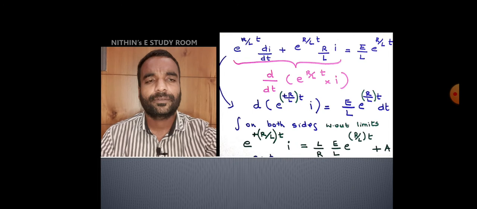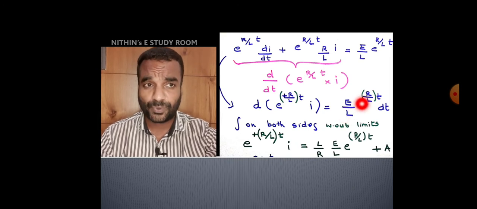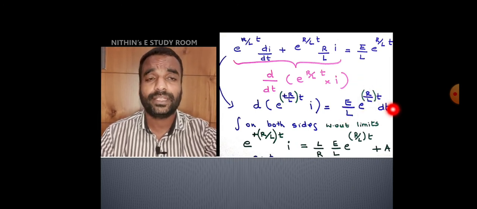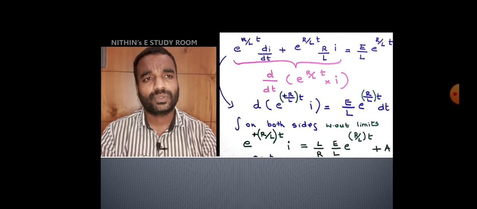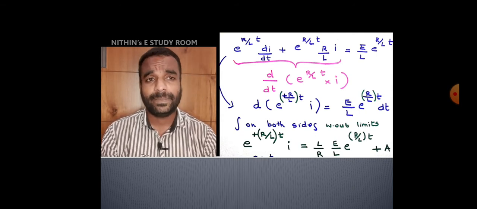So, you will get d of e raised to R by L t into I, that is equal to E by L into e raised to R by L t into dt. Now, you can do the integration on both sides without having any limits.